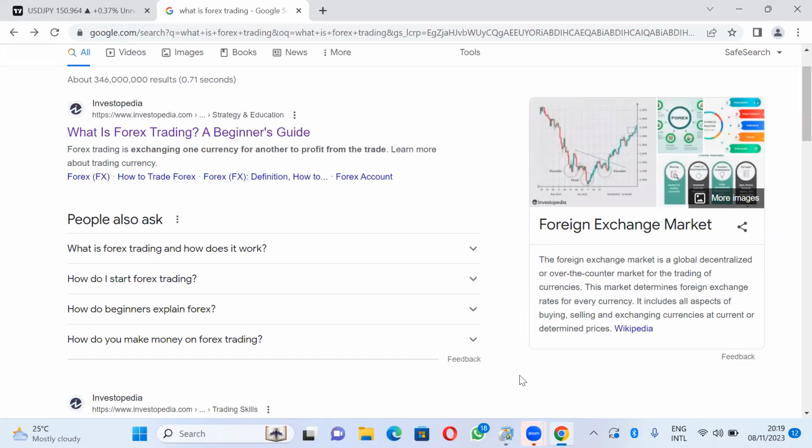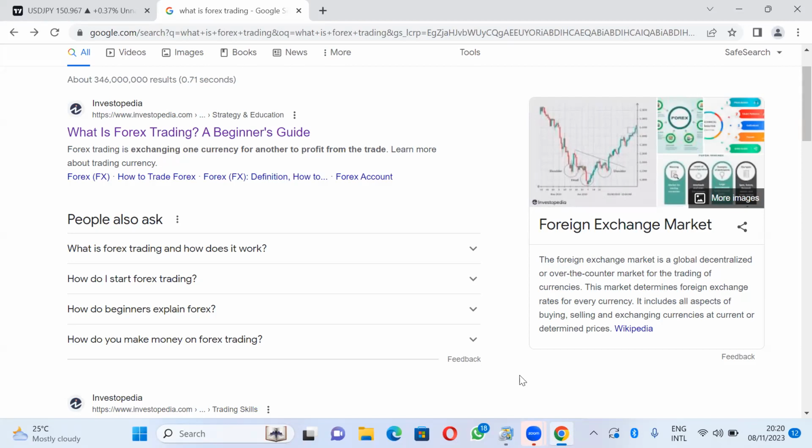The layman understanding, right? Forex trading is basically exchanging one currency for another currency. Do you understand? For instance, you have the dollar in your hand, and you are in Nigeria and you want to spend money. What would you do? You take your dollar and go to a bureau de change, and they give you naira.